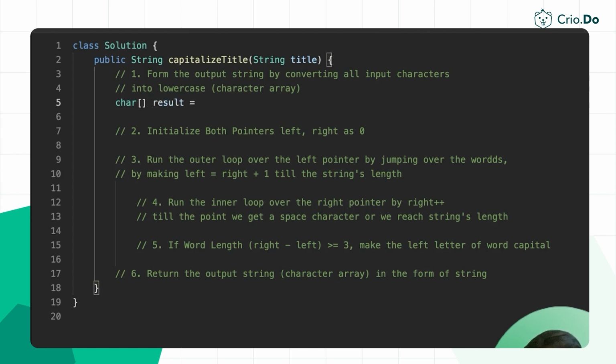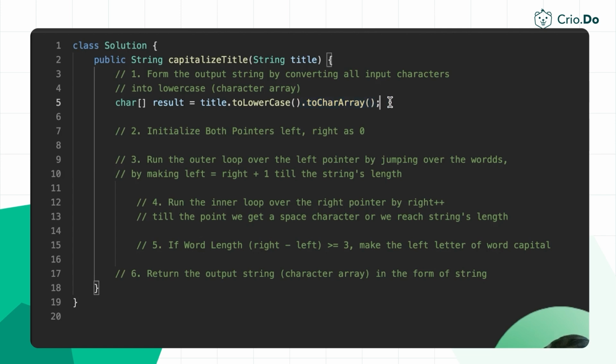So resultant is equal to the input string, that is title, dot first of all toLowerCase, and then store it in a character array by using toCharArray. First it will make all the letters lowercase, and then it will store it in a character array.